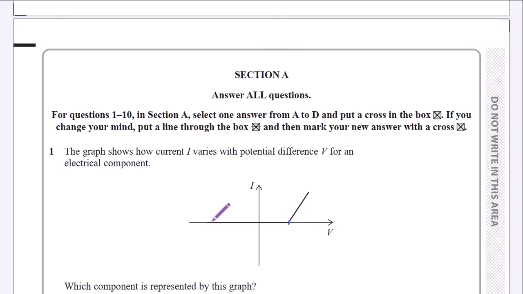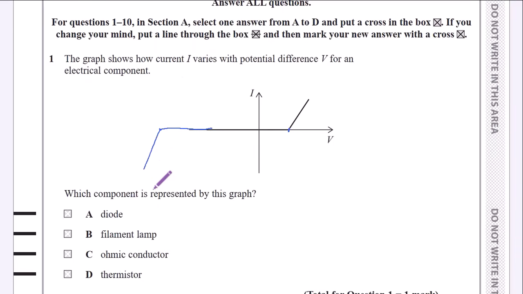And if you keep on increasing the PD in the reverse direction, at one point the diode breaks down. This is called the BDPD, as in the breakdown potential difference. So of course this component is a diode. And at times they do ask you to draw graphs like this.